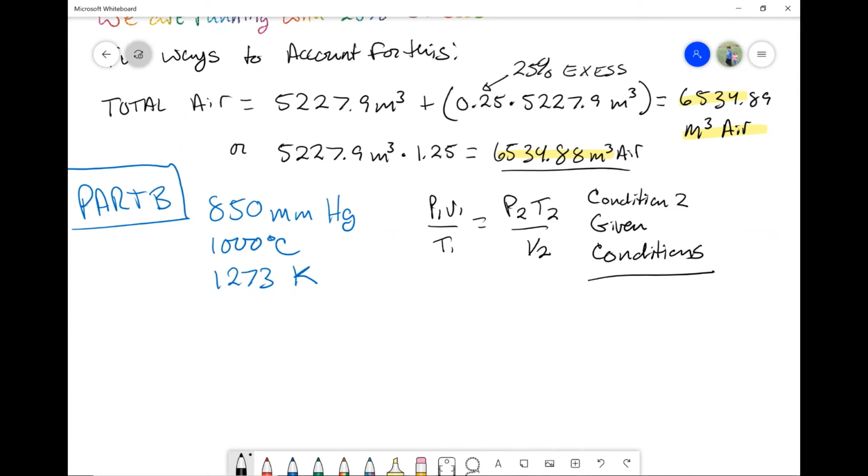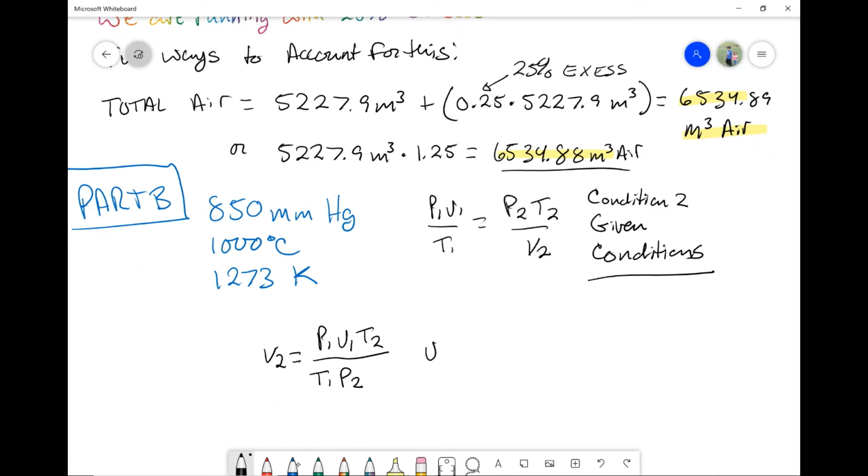So again, we want to solve for V2. So V2 equals P1 V1 T2 over T1 P2, right? Yes.